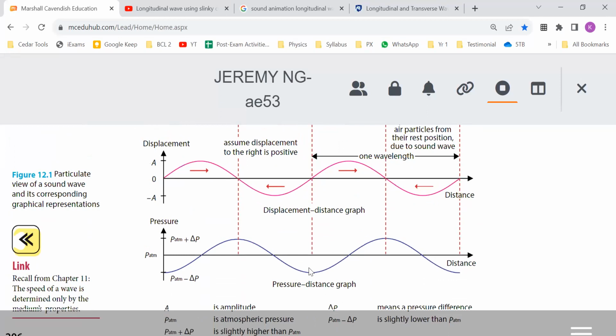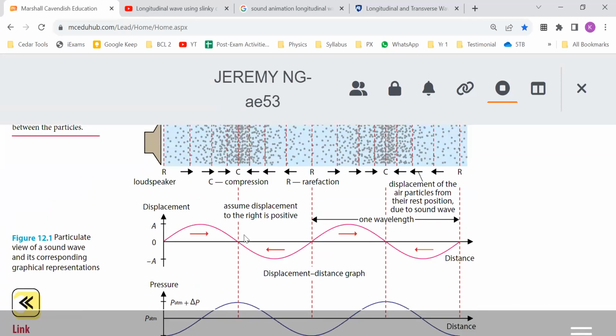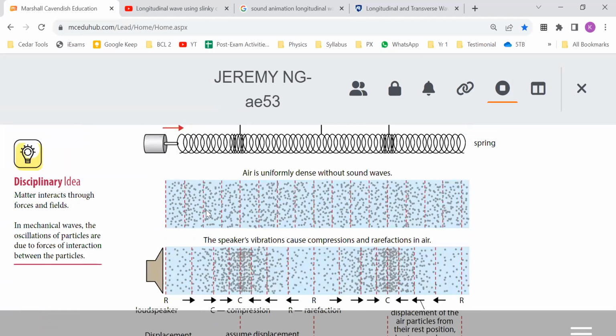What I need you to pay attention to, very importantly, in the pressure-distance graph, is that the point where the x-axis meets the y-axis is normally 0, as in the displacement-distance graph. But for the pressure-distance graph, this point is not 0. This point is actually normal atmospheric pressure, or the pressure in the region if there were no sound waves.